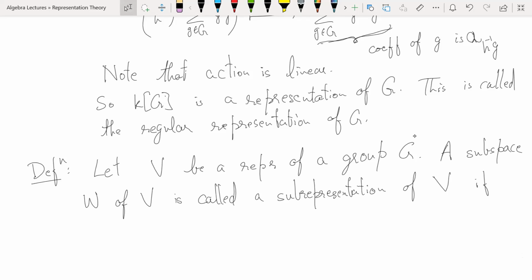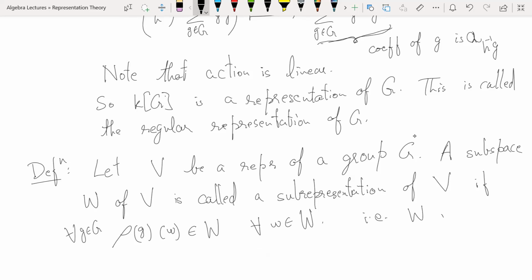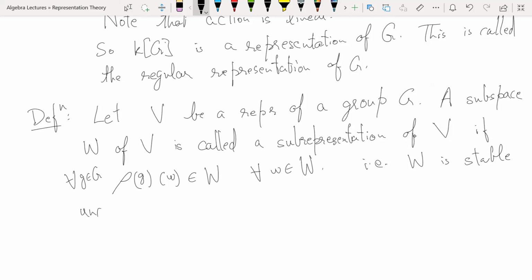So if rho G of W is in W for all W, and this should be true for all G in G, rho G of W is in W. Yeah, so W is stable under G action.